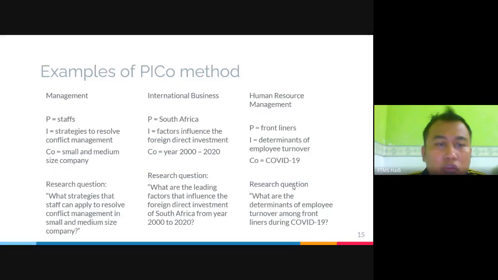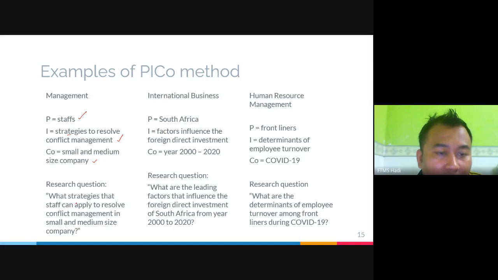Let's go to this one. Management, same PICO as well. Staff, that means the population will be staff. Interest, strategies to resolve conflict management. That kind of student is interested to study the strategies to resolve conflict management. And the context is covering small and medium-sized companies.